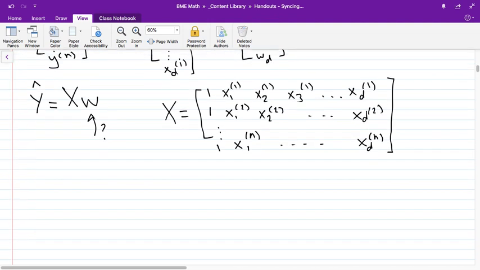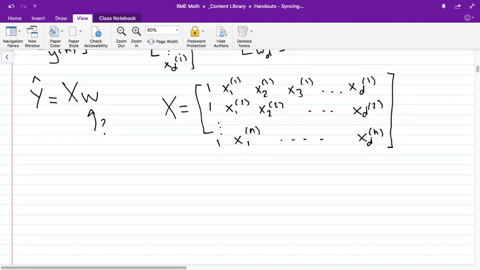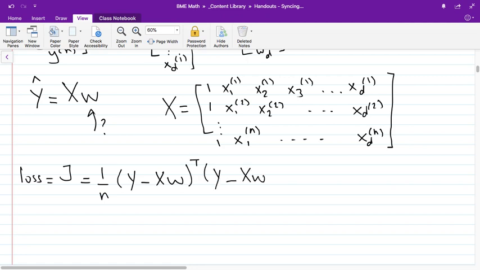So the loss function was the difference between what you predicted and what you observed, squared, averaged over all your data. So the loss, I'm going to call it j, we can write in matrix notation as 1 over n, where n is the number of data points, times the vector y minus matrix x times w, transpose, times y minus xw.